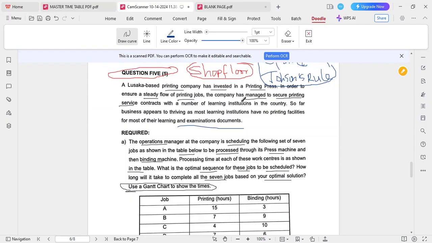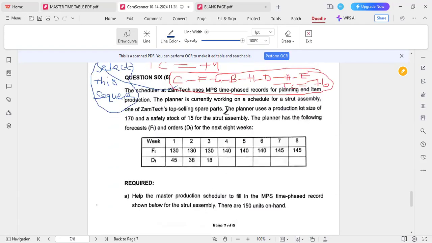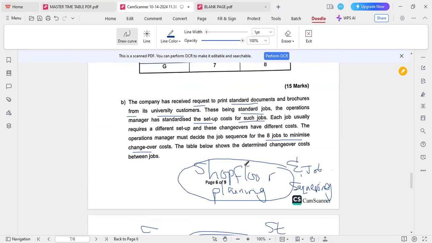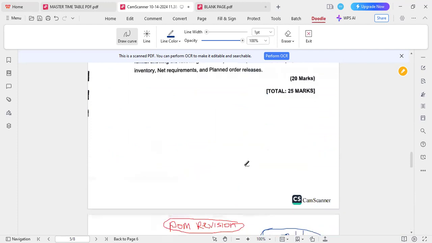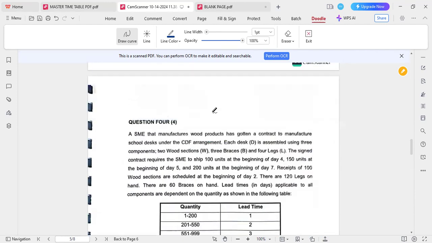In the other class, I'll select another topic, which will be maybe inventory management. So this question was shop floor planning. The other one here was MPS, and this was repeated. This was master production schedule, which is question 6. This one was the MRP.